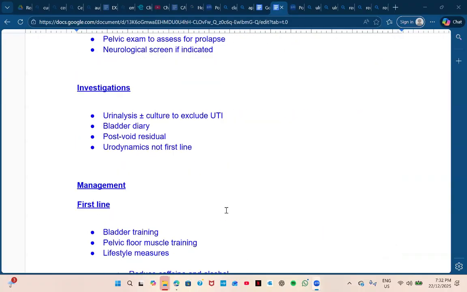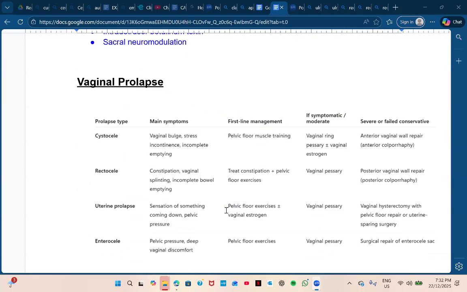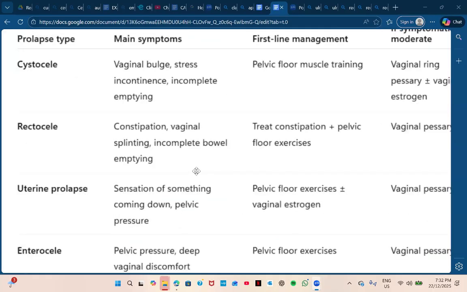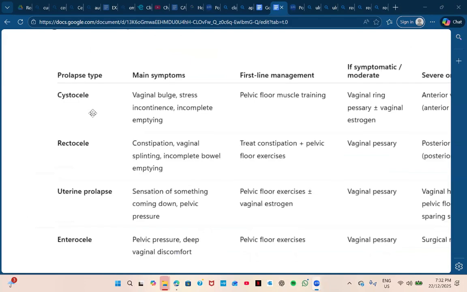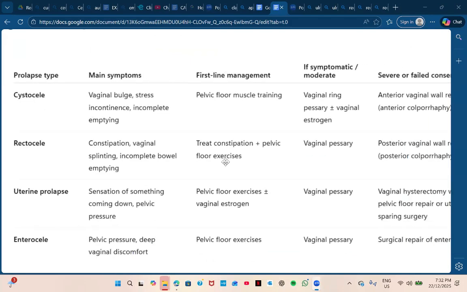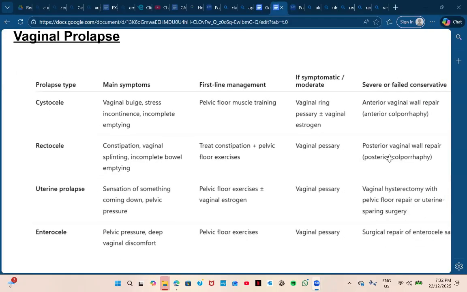Let's discuss a little bit about vaginal prolapse. There are different types of prolapse. Cystocele is anterior vaginal wall prolapse, right? Rectocele is posterior vaginal wall prolapse.